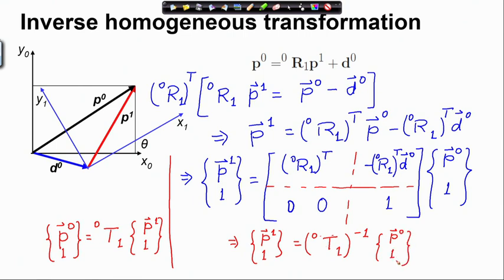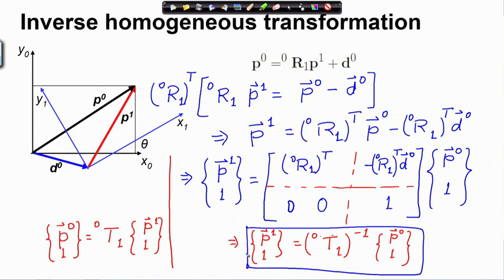So, this is the inverse of the homogeneous transformation matrix T 1 to 0. This is how we are going to represent it. We are going to say that this matrix is the inverse of T 1 to 0.